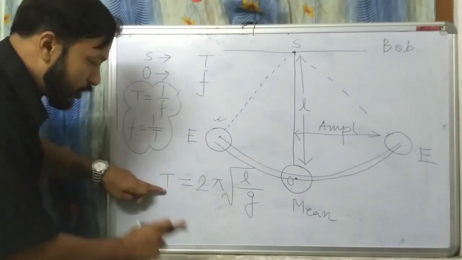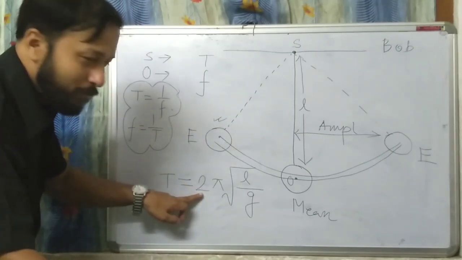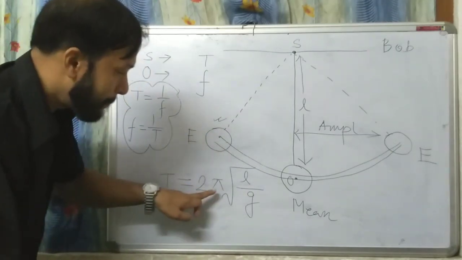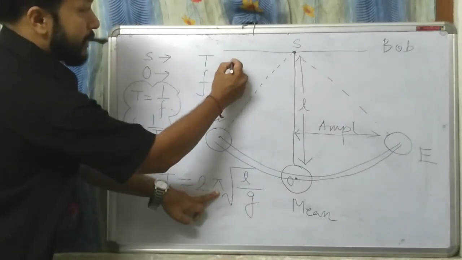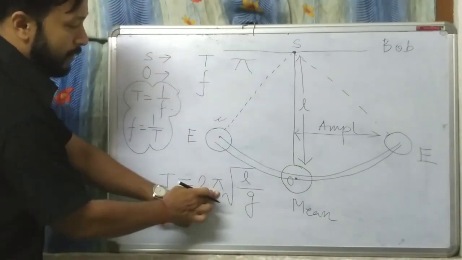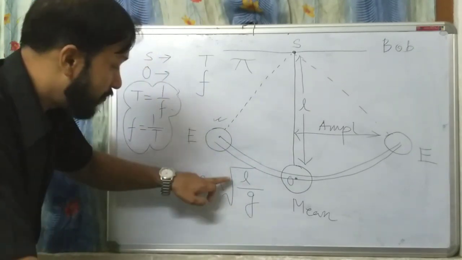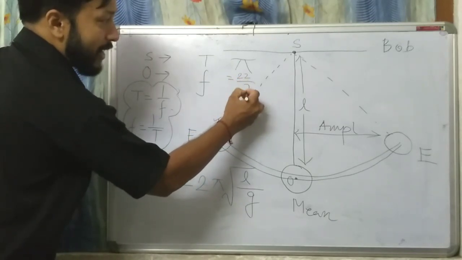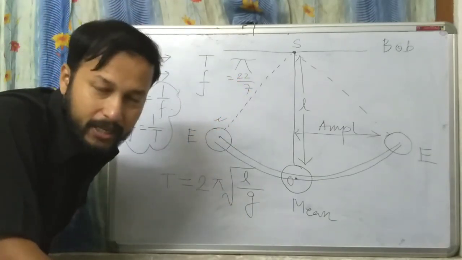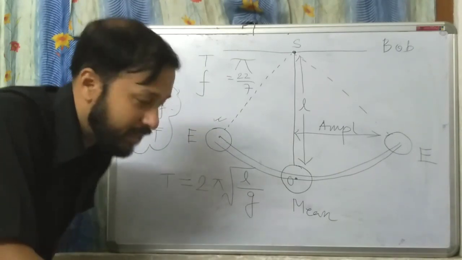What is T? You know, time period. 2, we know what is 2. This is called pi. It's a special symbol. And the value of pi is 22 by 7.